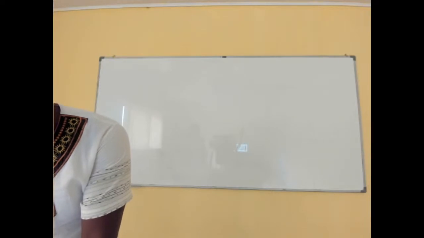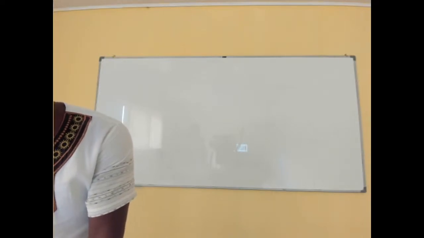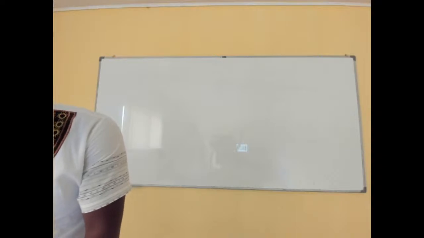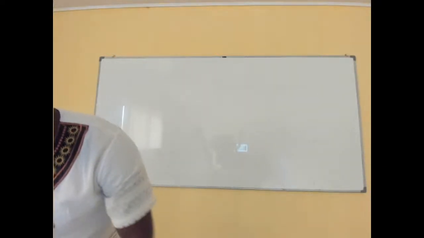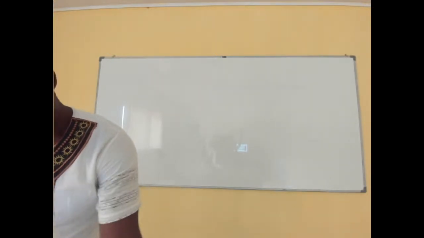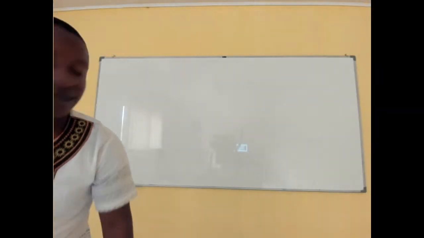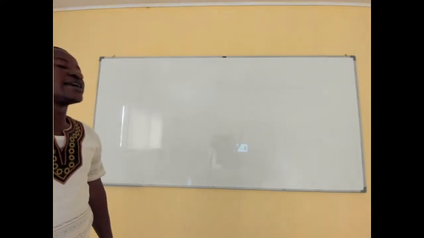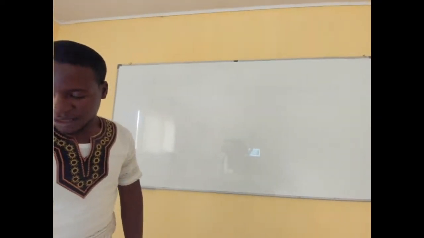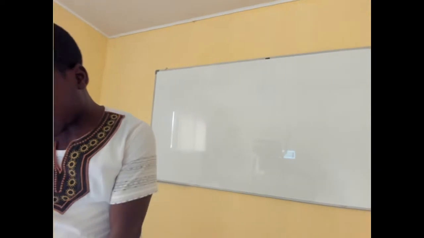Remember we had a class in the morning and we are continuing from where we had stopped. We had started looking at the coordinate system. We had looked at the Cartesian plane, the cylindrical plane, and the spherical coordinate system.